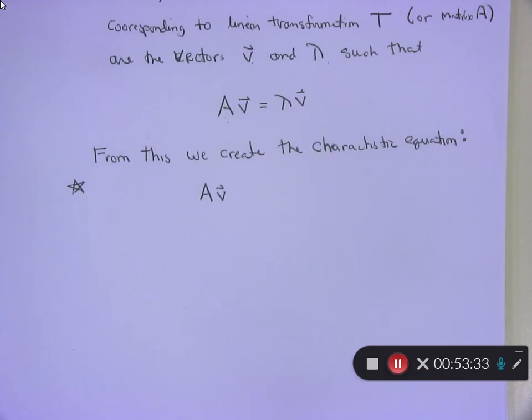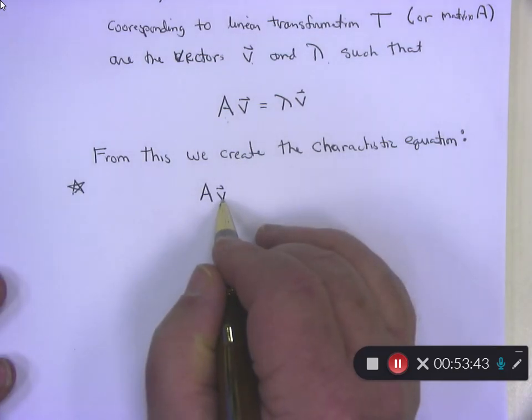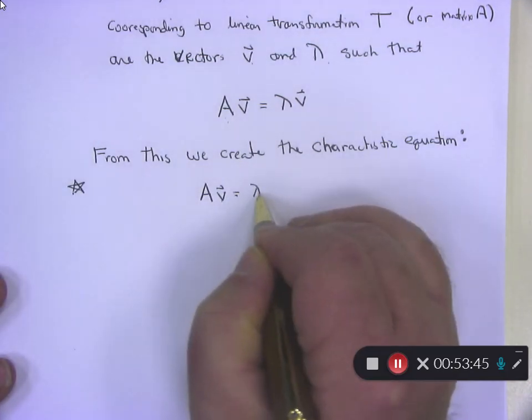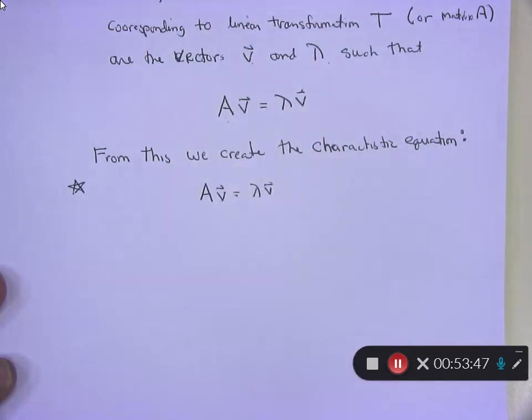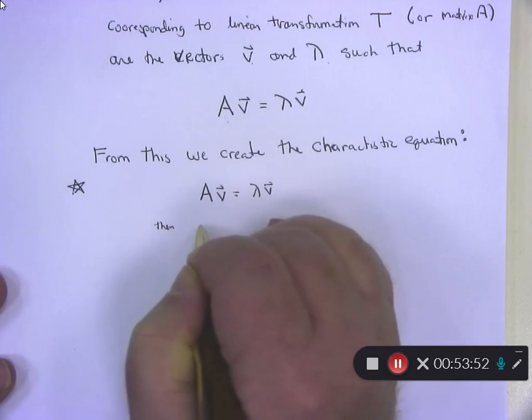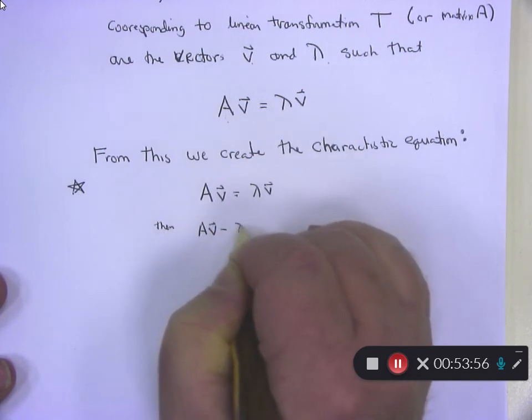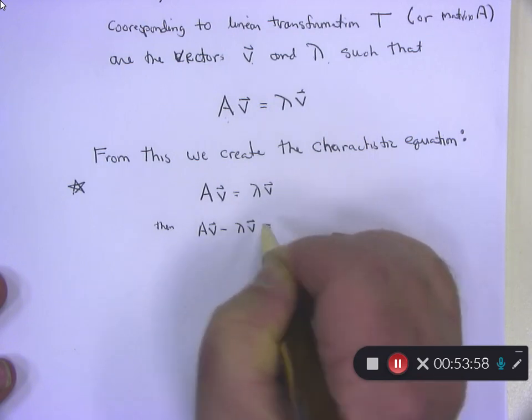And here it is. Well, a characteristic equation is where the eigenvectors and eigenvalues come from off of a matrix, which represents a linear transformation. So as A times vector V is equal to lambda times vector V, then A times vector V minus lambda times vector V would be equal to what?